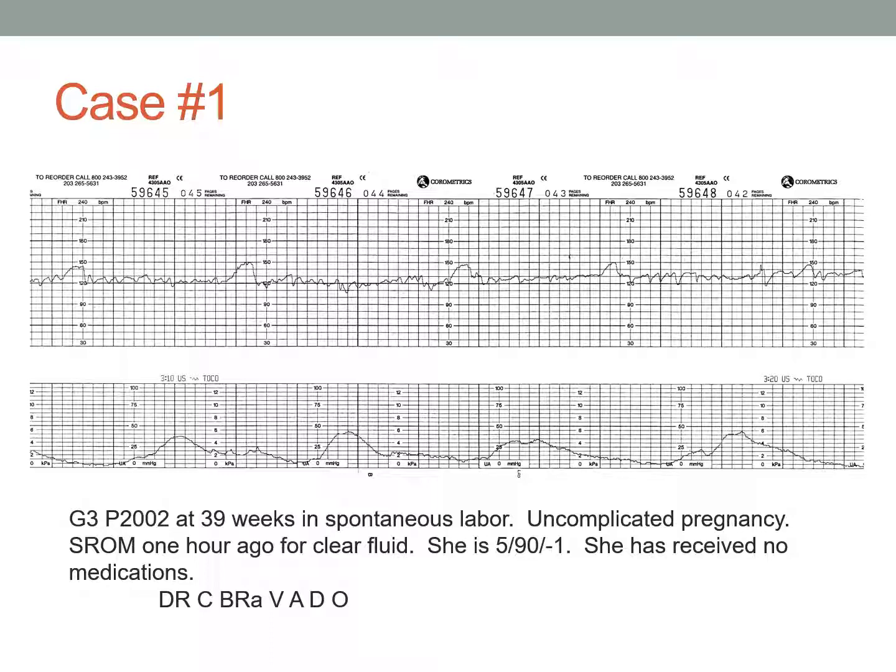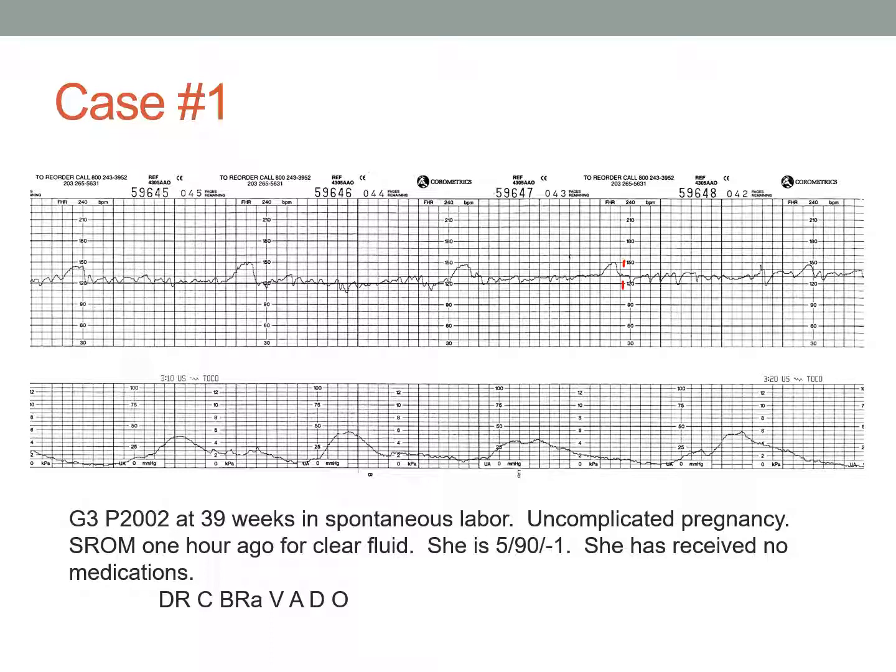So do you have a normal contraction pattern or do you have tachysystole? Since you have less than 5 contractions in a 10-minute window, this is a normal contraction pattern. Baseline rate is next. I know this can be a little bit tricky to see, but you've got 120 right here at this line, 150 at this level.